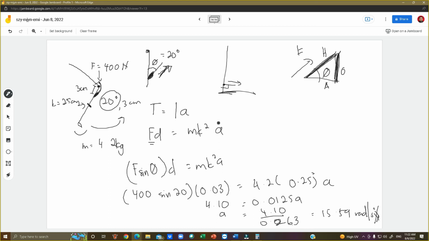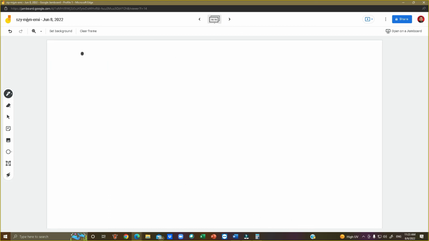Bukan 90 darjah. When you see bukan 90 darjah, katalah kamu dapat contoh macam ni, dia bagi soalan force apply 30 degree. Maksudnya sekarang force tu dia apply macam ni. Force 30 degree.